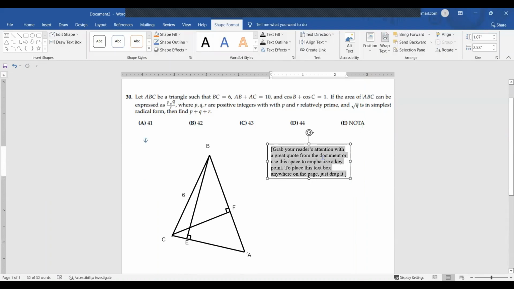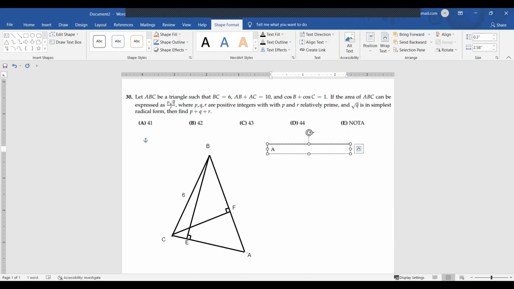In trigonometry, side A is equal to side BC, B is equal to AC, and C is equal to AB. So really, it's just whatever the two vertices are that are not part of the side.